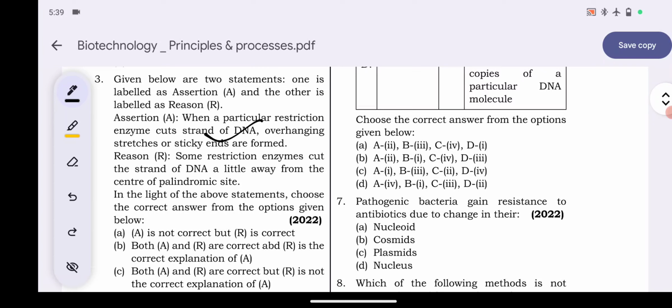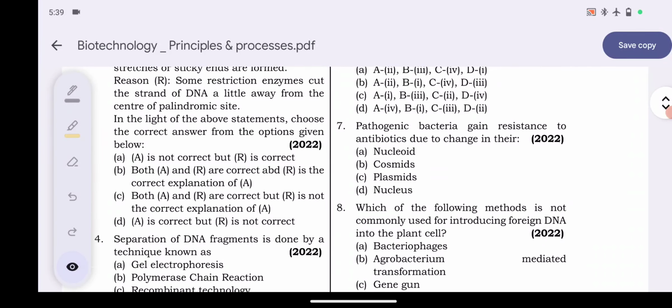Reason: some restriction enzymes cut the strand of DNA a little away from the center of the palindromic site. Reason also correct. So according to the options, the answer will be option B. Both A and R are correct, and R is the correct explanation of A.